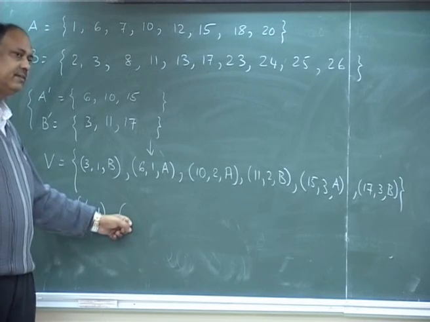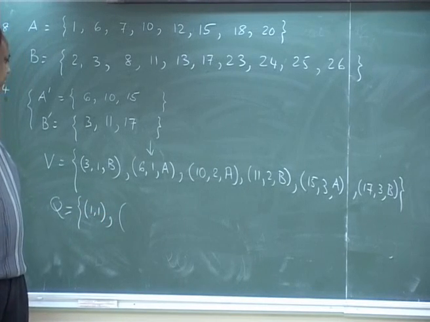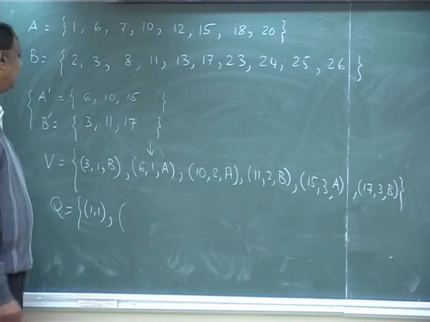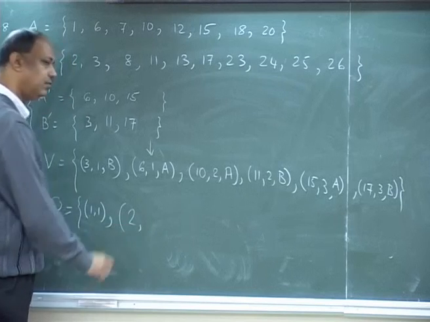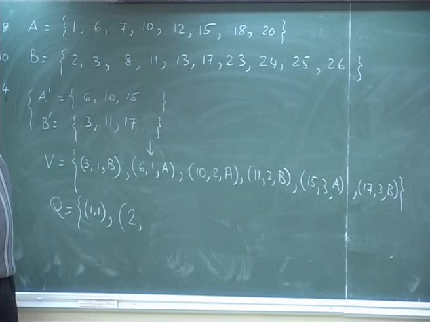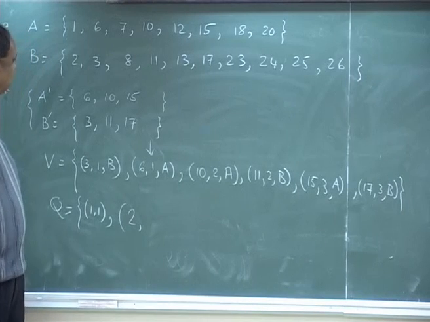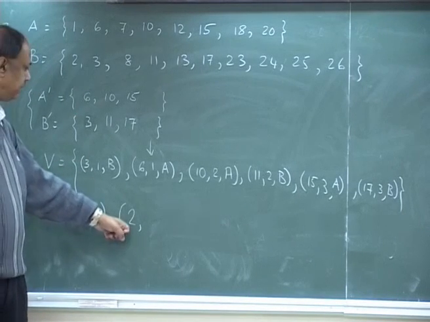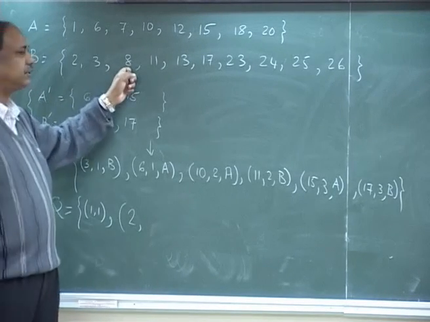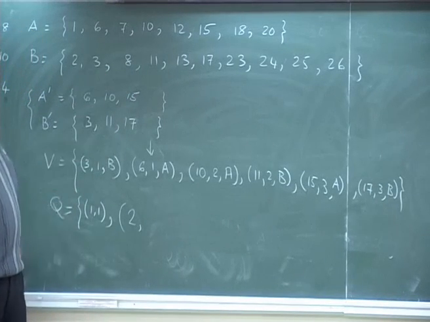So what will I write here? 1 into R by N, which is 2. Agree? After multiplication I got 2. Now you check the smallest element larger than this, which is 8. Position of 8 is 3.